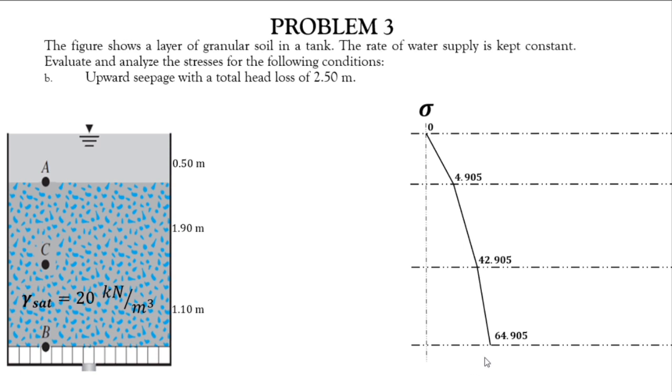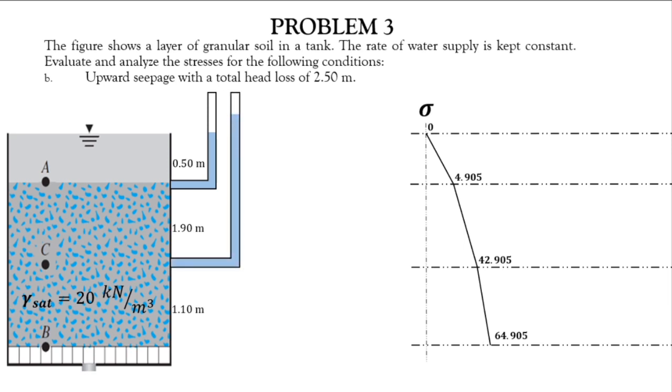Ngayon, dahil upward seepage ito, lagyan muna natin to ng piezometer para makita natin kung hanggang saan yung tubig. So, pag naglagay ako ng piezometer sa point A, syempre ang level niyan, same lang din ang level dito sa tubig. Ayan. And then sa point C, ayan.